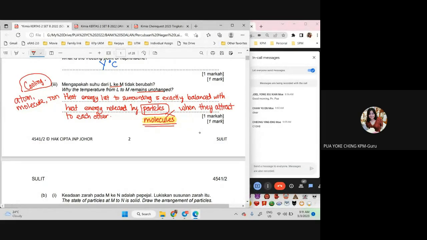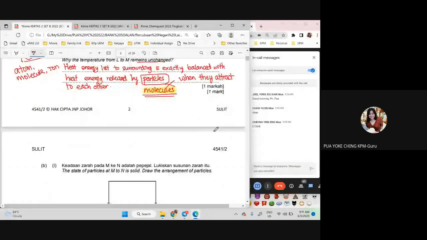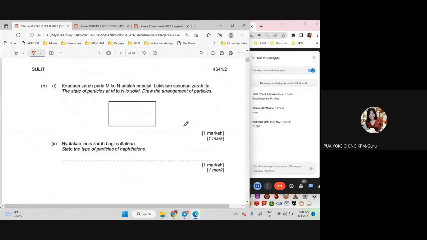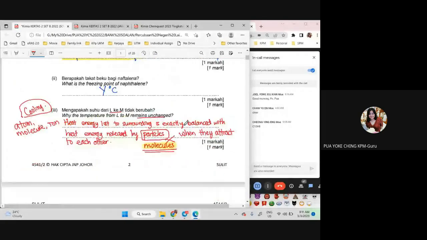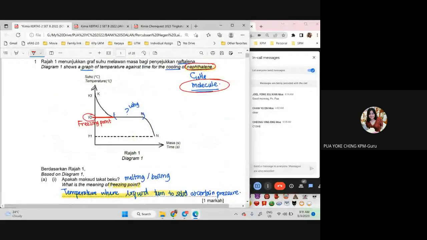Heat energy loss is balanced with heat energy released by molecules. For the same question, sometimes a heating curve will come out. For a heating curve, it is the reverse. This is cooling; if heating, it will also be the same. Okay, temperature.